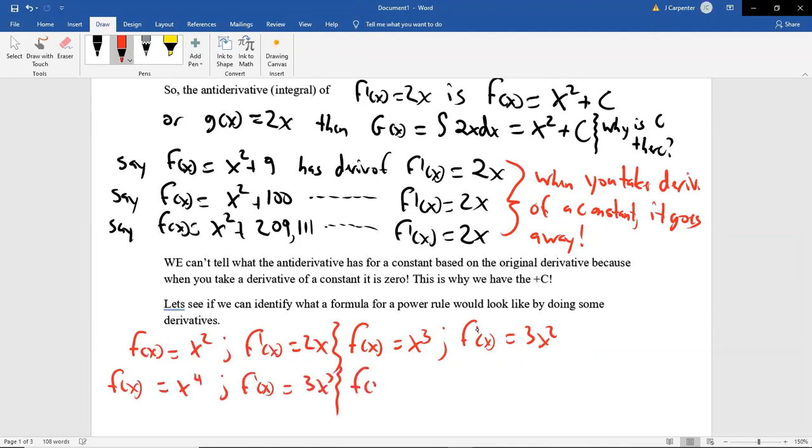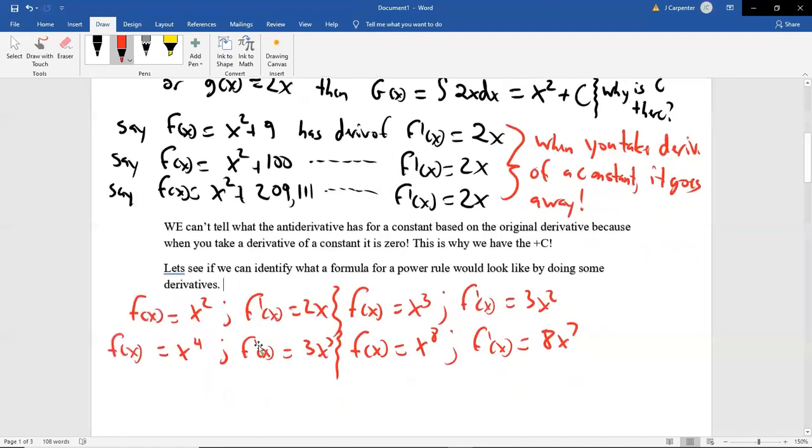With a function, let's skip x to the fifth, let's go straight to x to the eighth, its derivative would be 8 times x to the seventh. Because when we take a derivative, we bring the exponent down and decrease its exponent by 1. So doing derivatives, bring the exponent down, and then decrease the original exponent by 1.